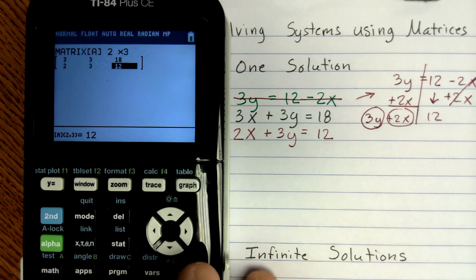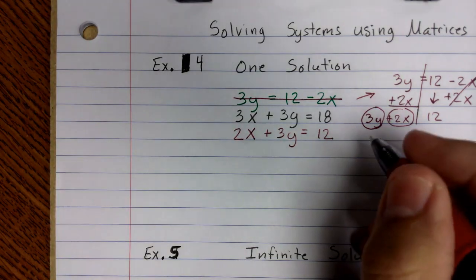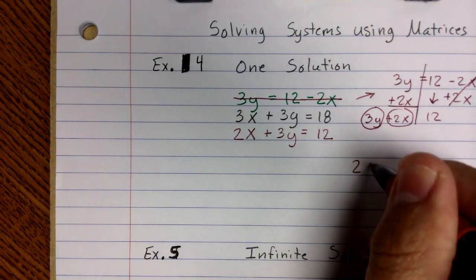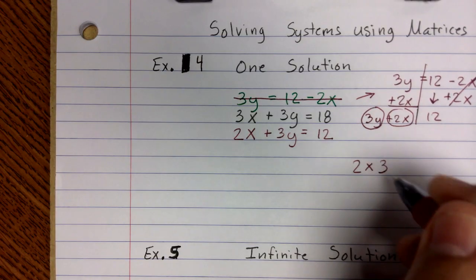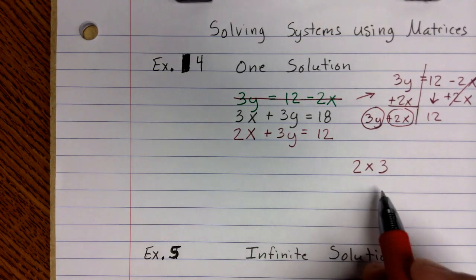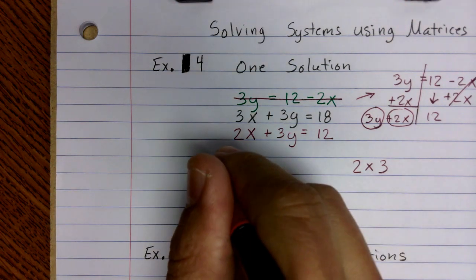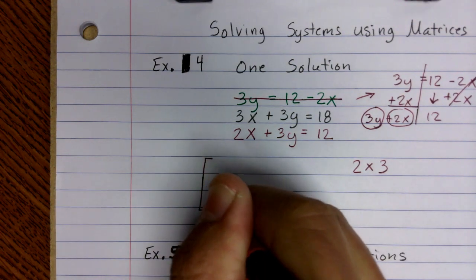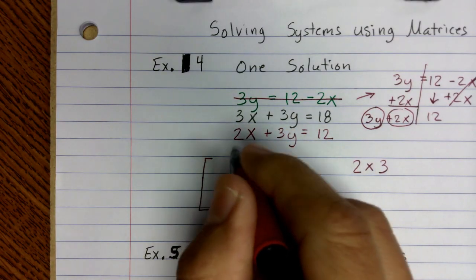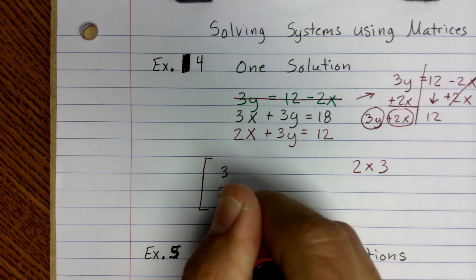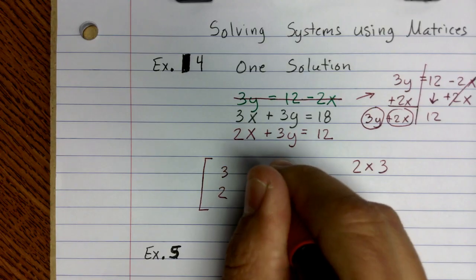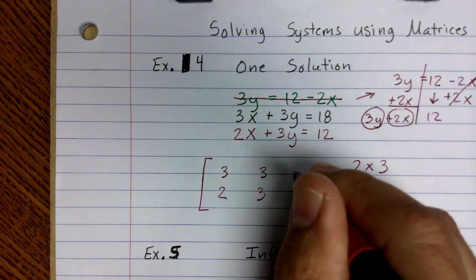So what I want you to notice, if we were to write this out here, I know some of the teachers want you to write what type of matrix it is, like your rows and columns. So you can just simply put 2 times 3, right? Because that's what we did. We had 2 rows and we had 3 columns. And then if I were to write it out, I would write it out much like this right here. We have 3 and 2, and then we have 3 and 3.